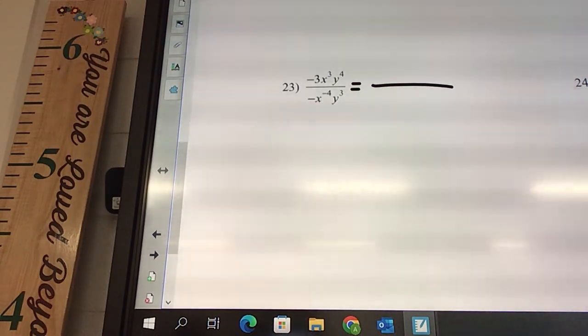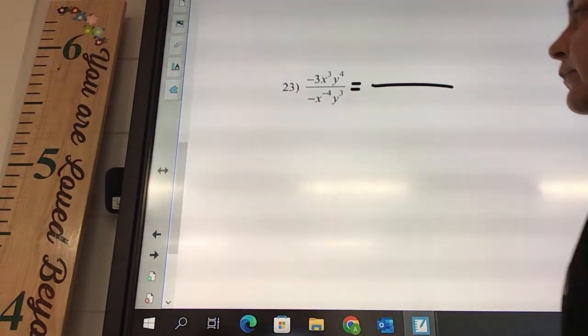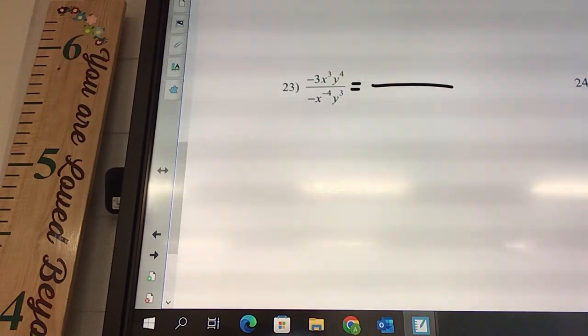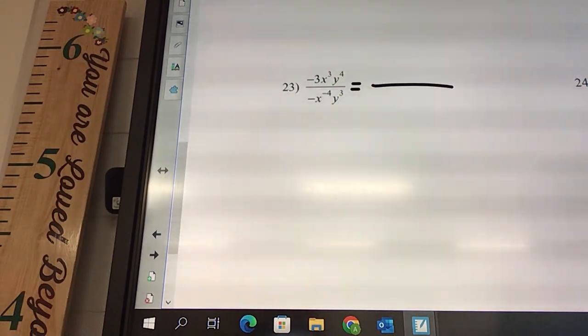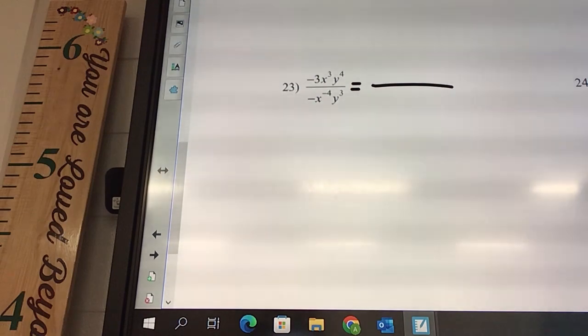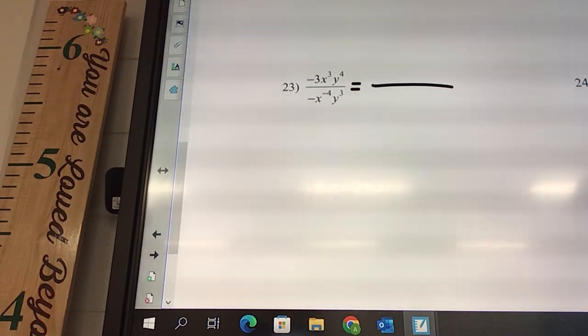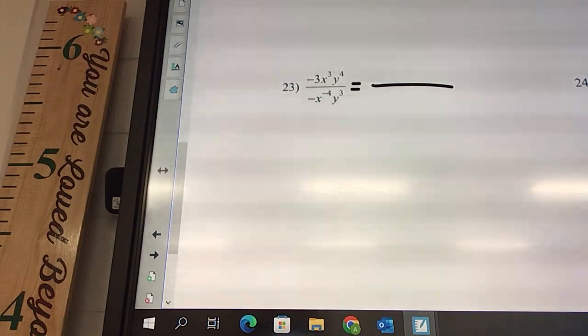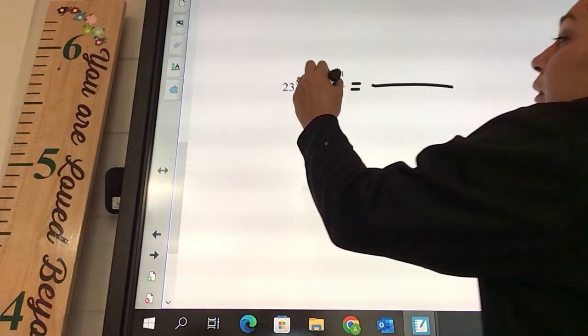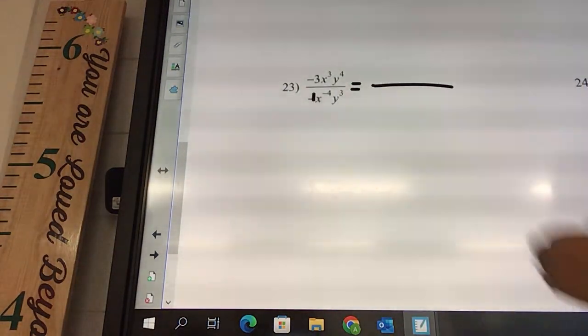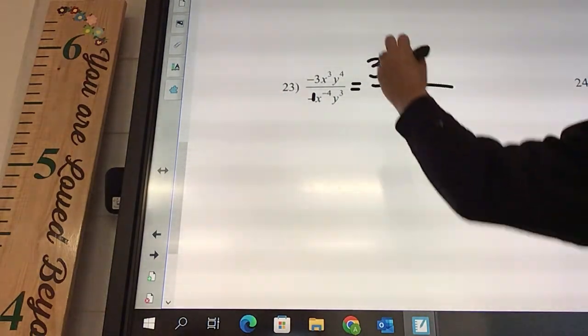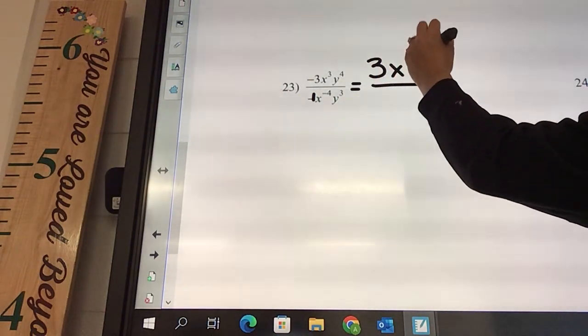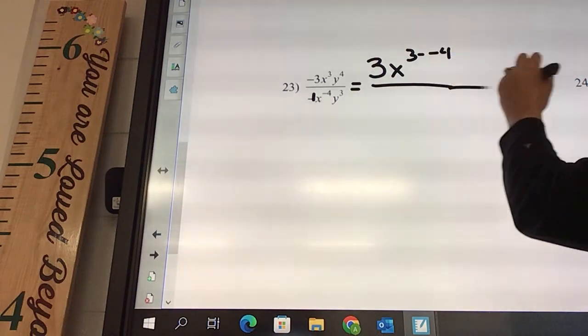Okay, what is negative 3 over negative 1? Type it on your calculator, let's go. Negative 3 over negative 1. It's just 3. X to the 3 minus negative 4.